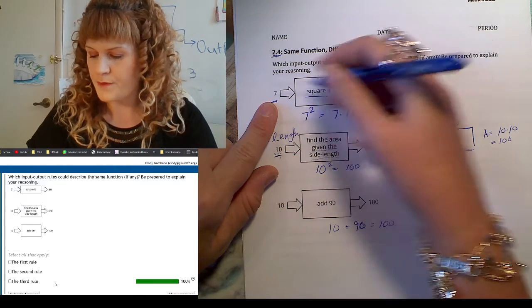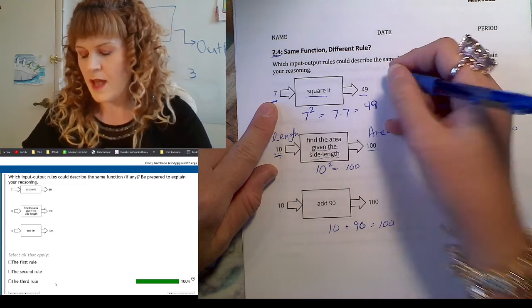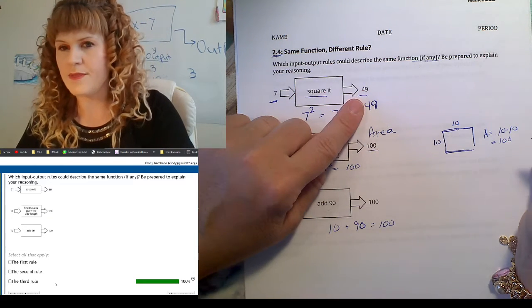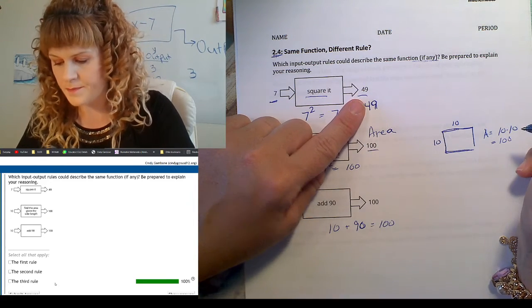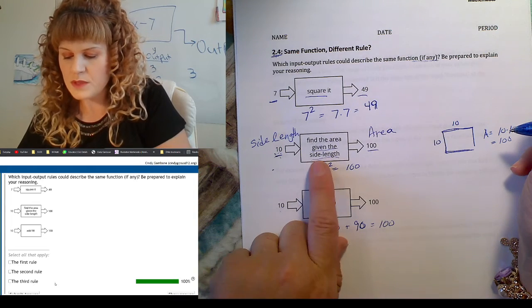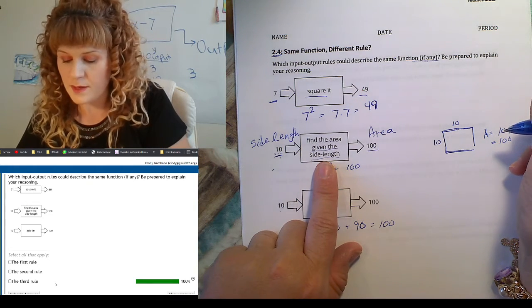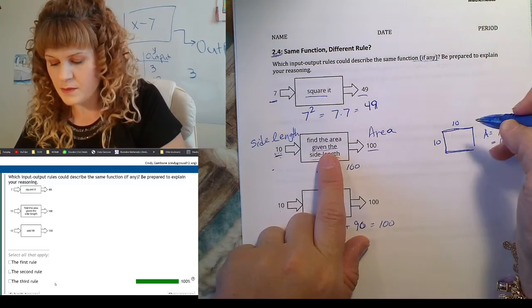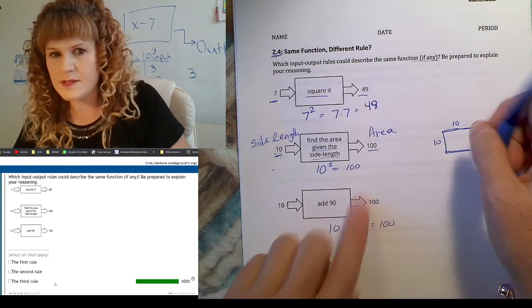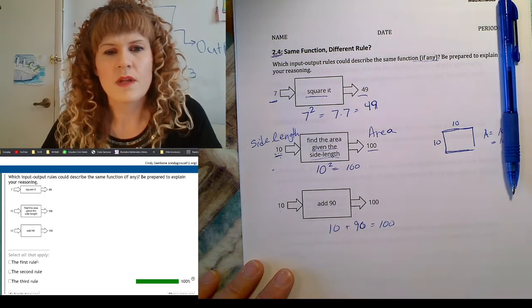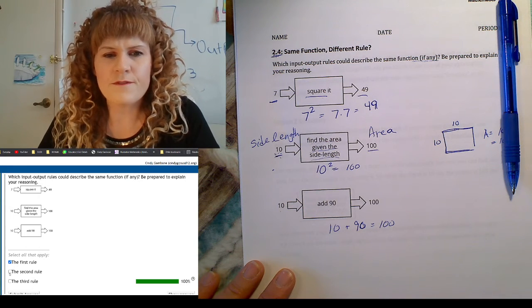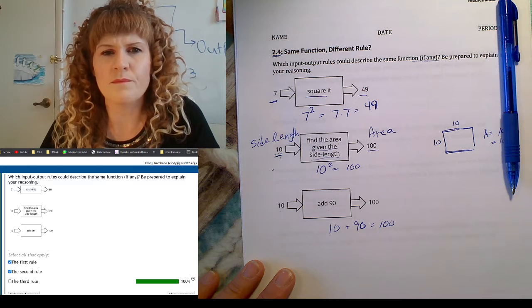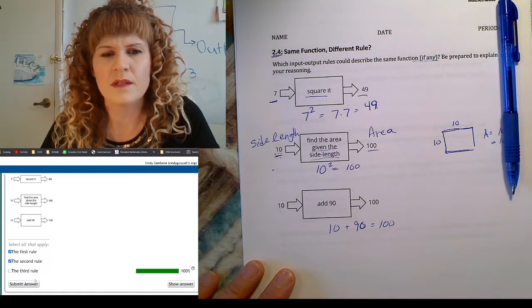So if the input for this is positive and you square it, you would get the area of a square. And for the second rule, if they're only talking about squares, you could get the side length and square it and get the area of a square. So the ones that are the same are the first rule and the second rule. Both of those will square the input and get the output.